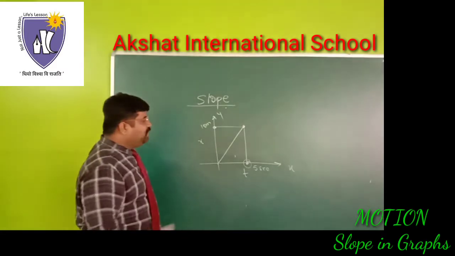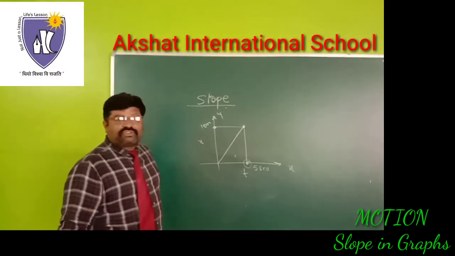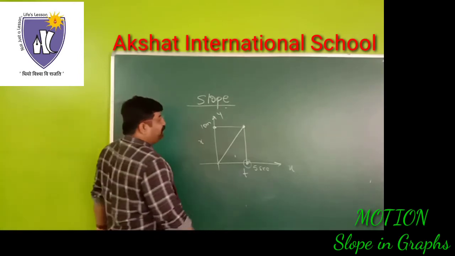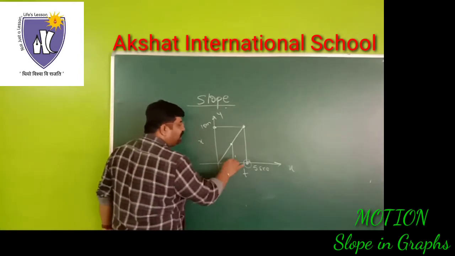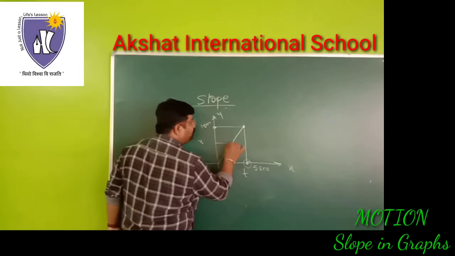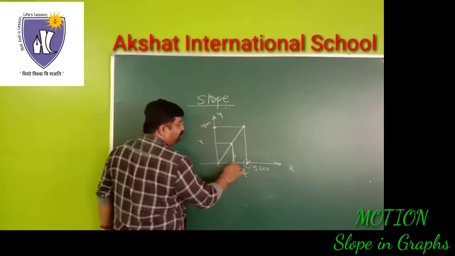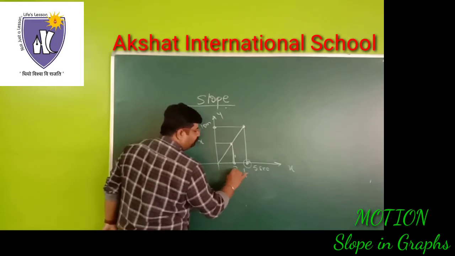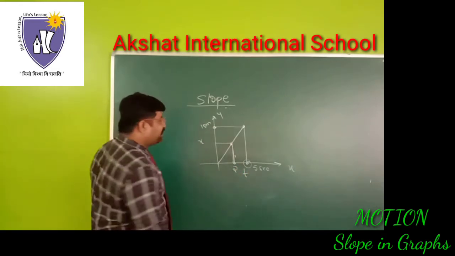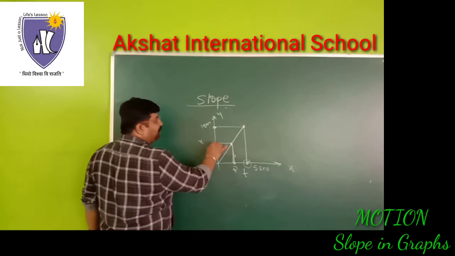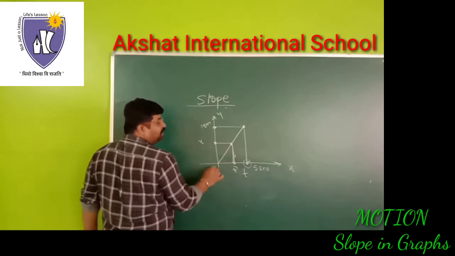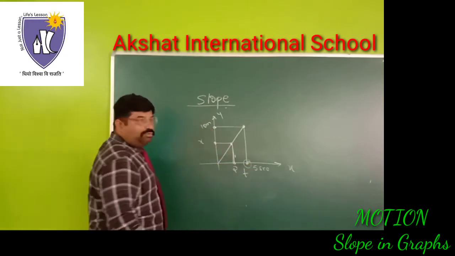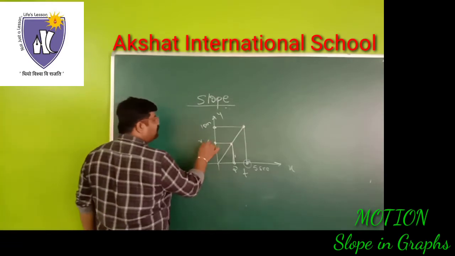Then what will be the speed of the car? Because this graph is uniform, at every point the speed should be the same. Suppose this is 2 seconds, then this will be 4 meters.